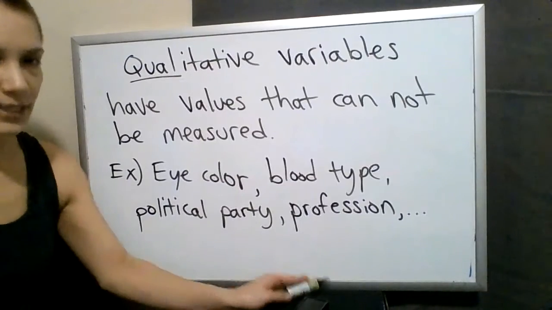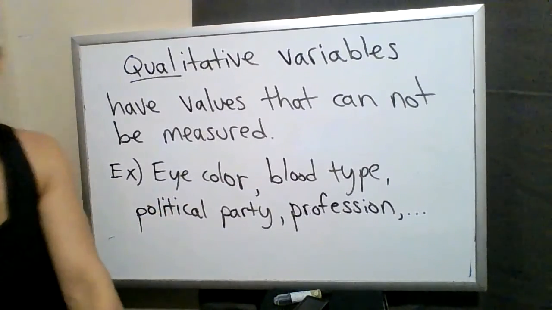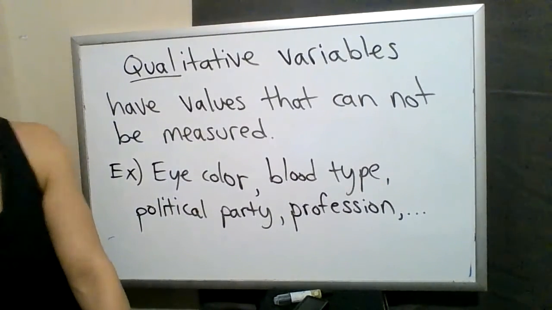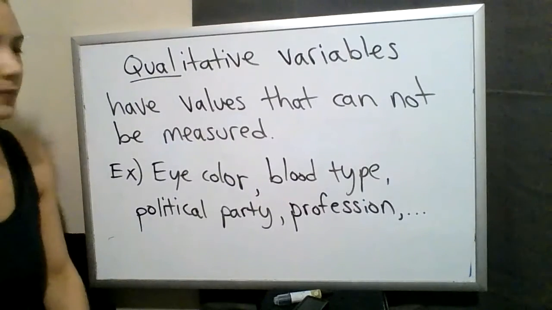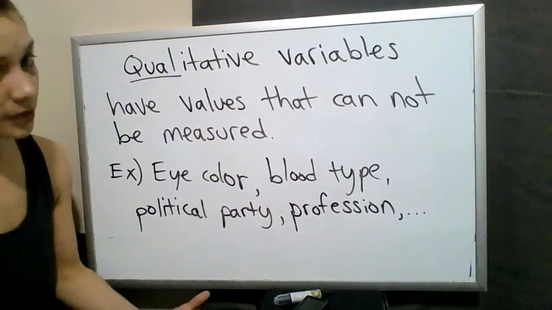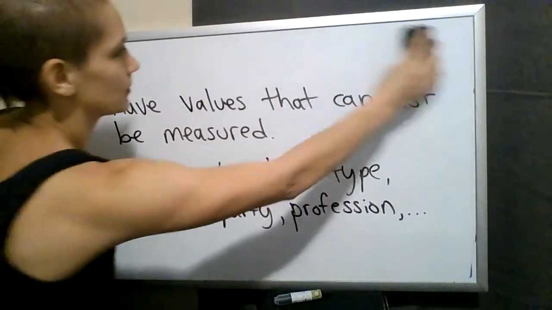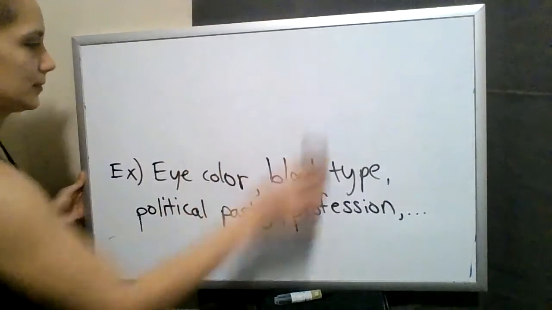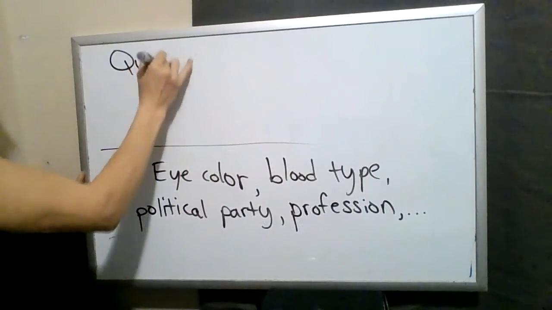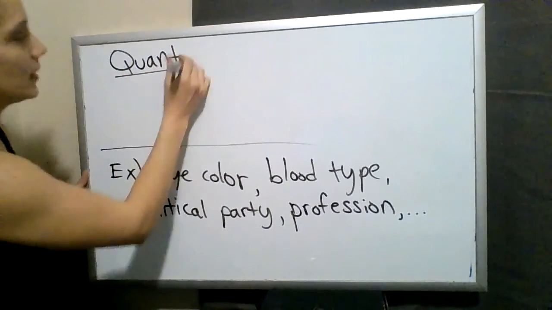Next is a quantitative variable. Let's let this sink in for just a second. Okay, so quantitative variables have values that can be measured, like a quantity.